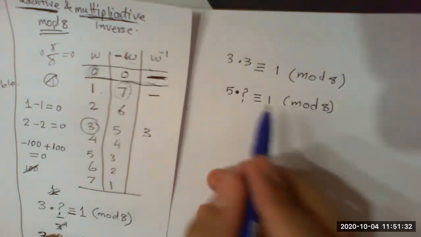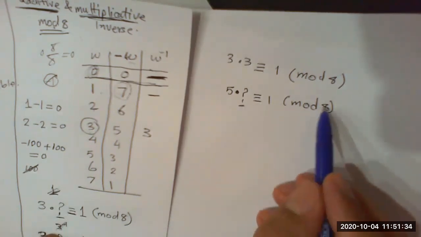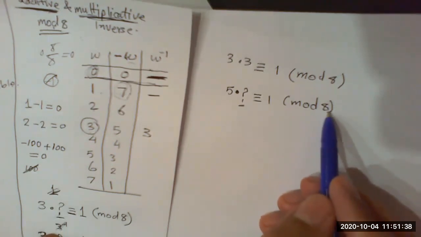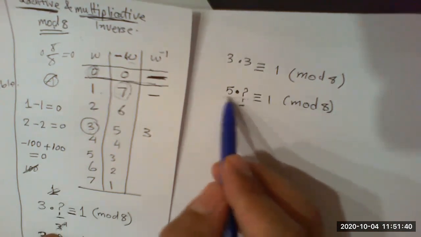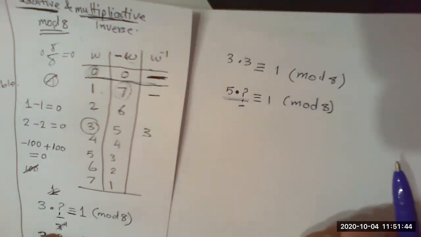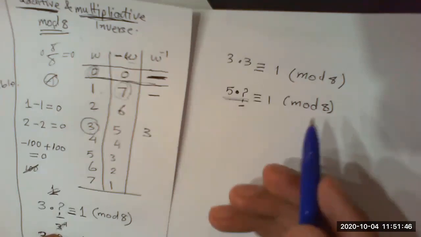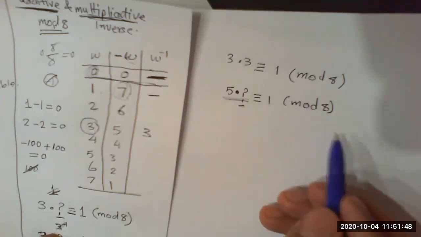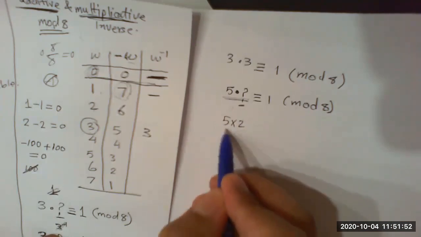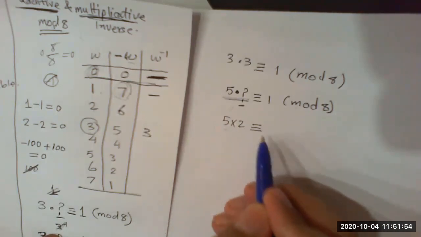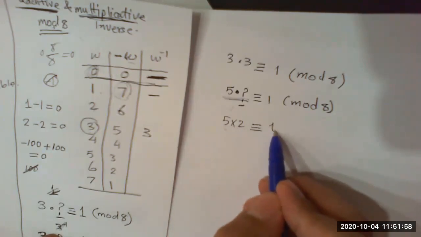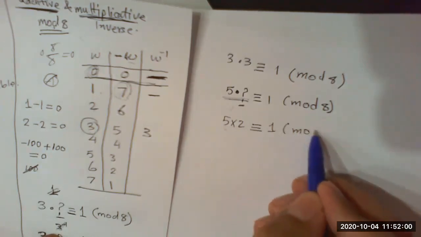To answer this question, I have to make sure that a number multiplied by 8 will give me some number near this result. I can say, for example, 2. Let me try. 2 multiplied by 5 is congruent to 1 mod 8.